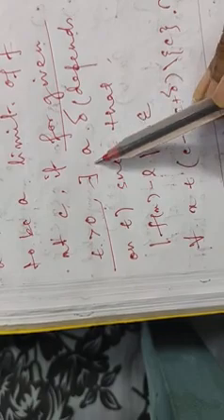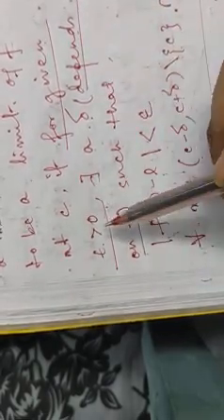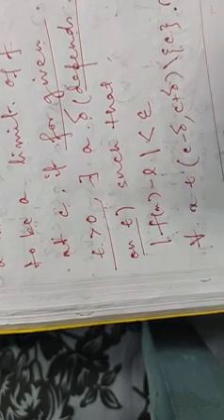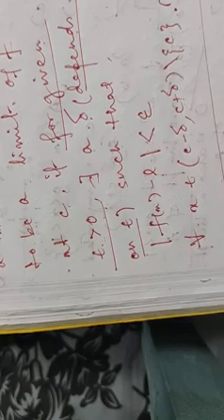So for given epsilon greater than 0, there exists a delta which depends on that epsilon. By choosing an appropriate value of epsilon, the delta will change. That is, the value of delta is dependent on the value of epsilon.